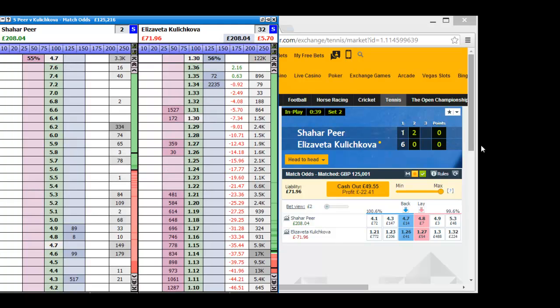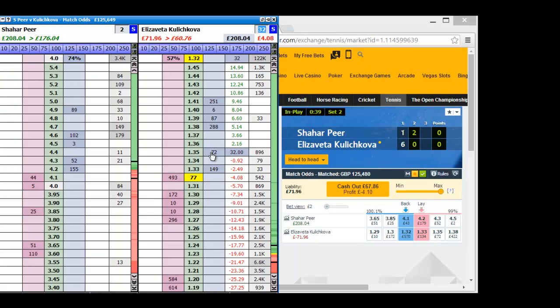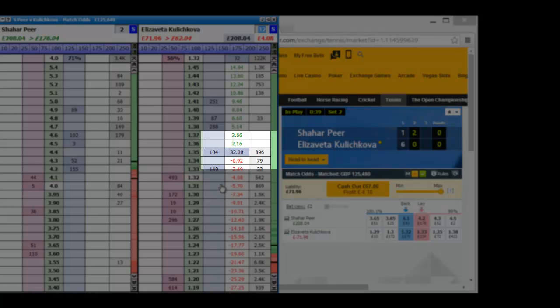Let's just wait and see if Peer can actually break her serve, and she has, which is great news. So we should be able to get in here around about 1.33, 1.34 perhaps, and use our 1/6 of our stakes, that is £32, to back the favourite, say round about, let's put it in at 1.35.